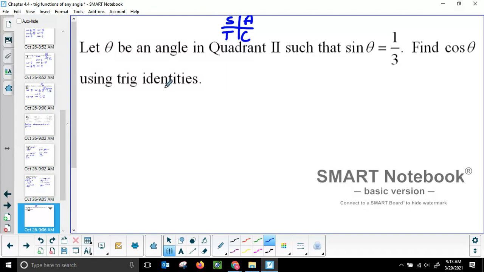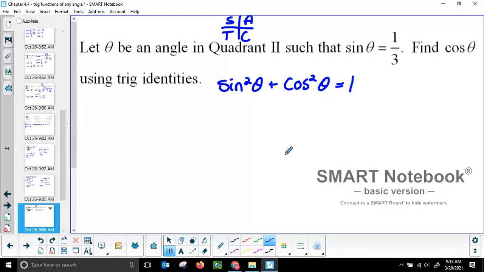Now, it says using trig identities, so we can't just draw a triangle like we did a little bit ago. One of our trig identities that has sine and cosine in it is sine squared theta plus cosine squared theta is equal to 1.